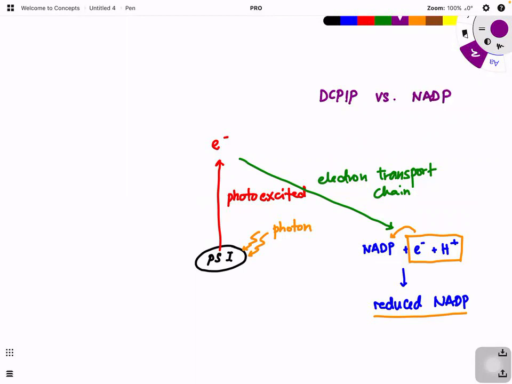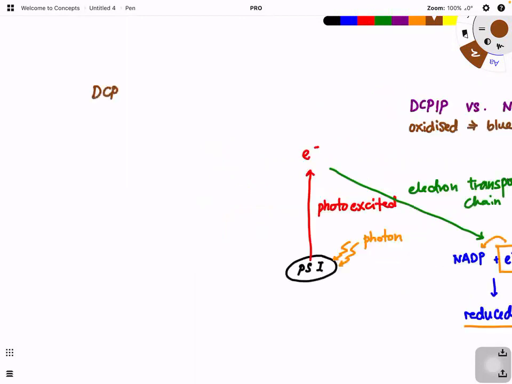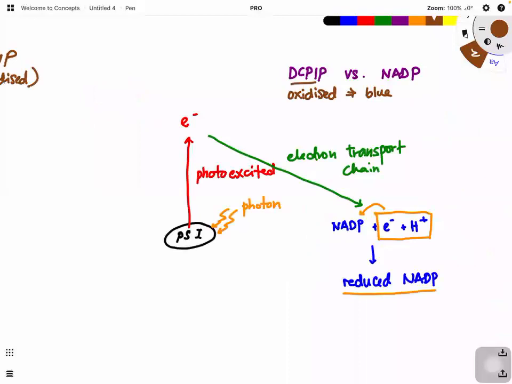DCPIP in the oxidized state is blue or purplish in color. Can you see that DCPIP competes with NADP for the electrons?